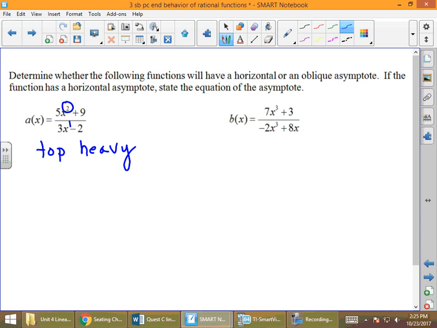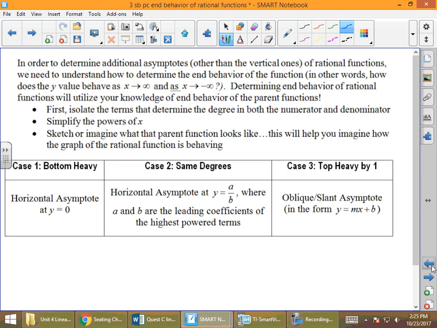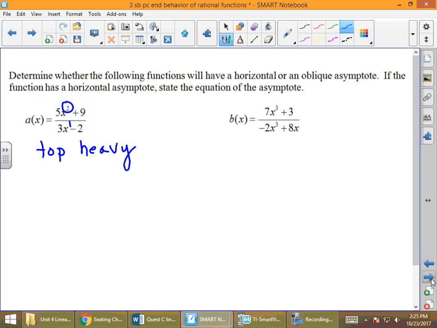And when it's top heavy, we do not have a horizontal asymptote. If we look back at our chart, top heavy means that we have an oblique asymptote, no horizontal, because the direction tells us that if we have a horizontal, we want to write the equation for it.